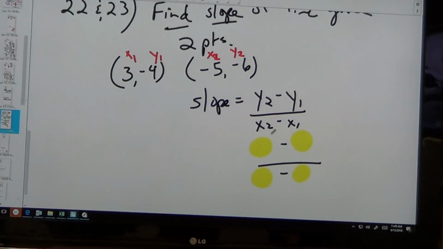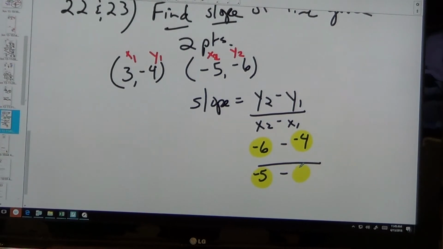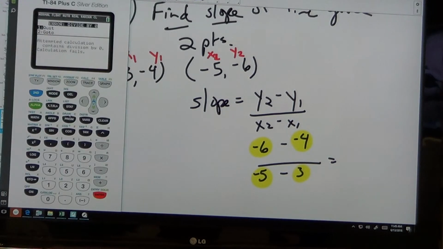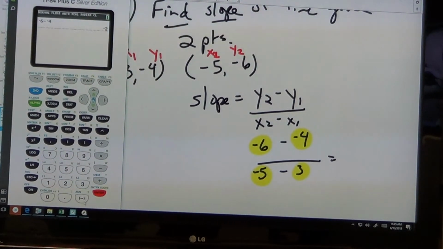So your y2 is -6, your y1 is -4, your x2 is -5, your x1 is 3. You work out the top and you work out the bottom. So on the top, it is -6 subtract -4. On your bottom, it is -5 subtract 3. You take your top answer and you divide it by your bottom answer.